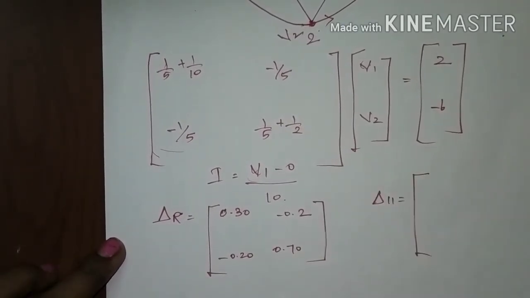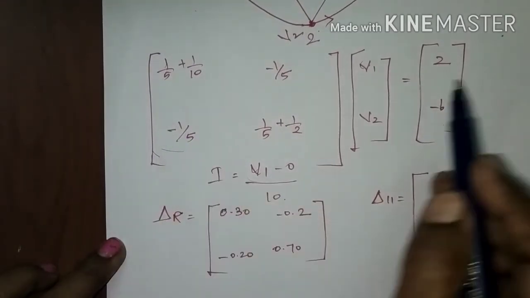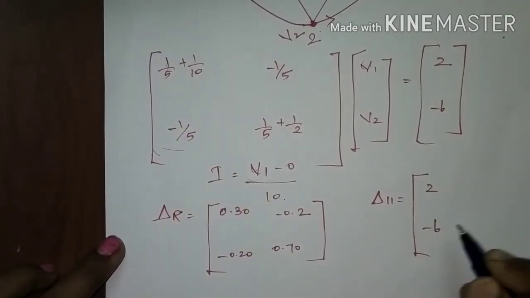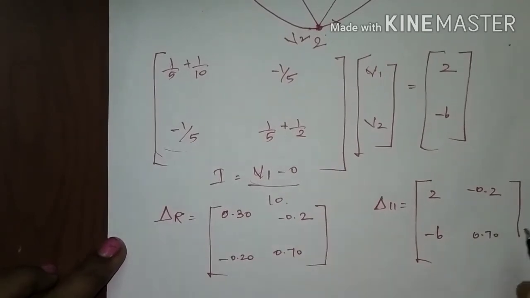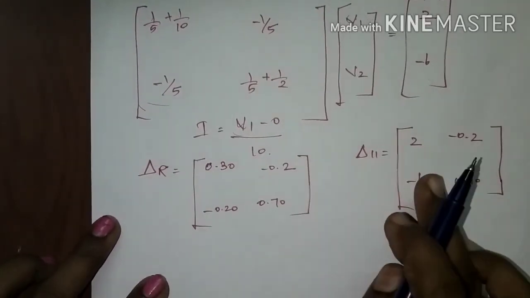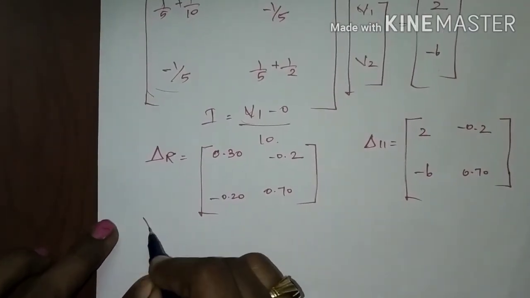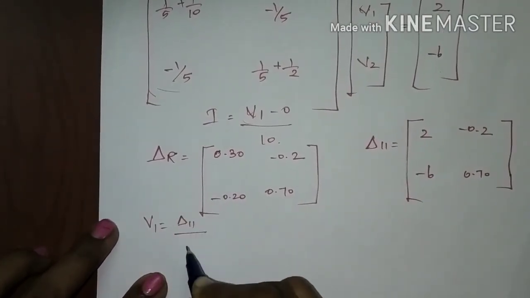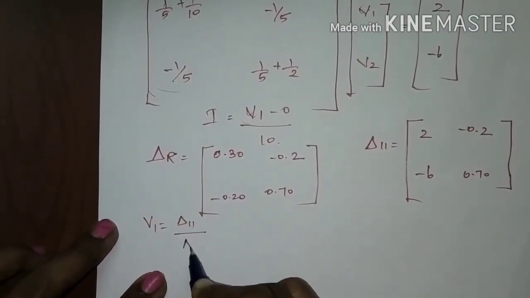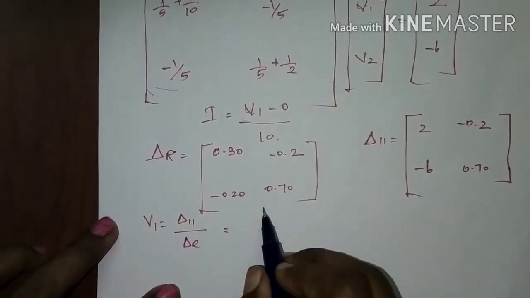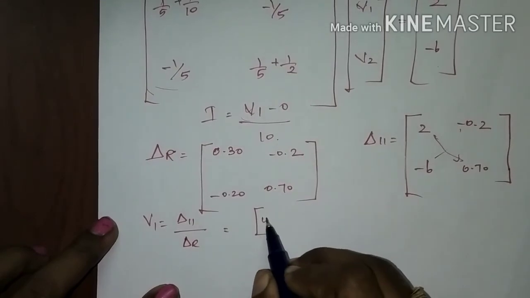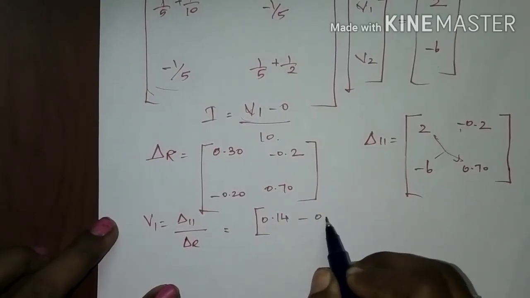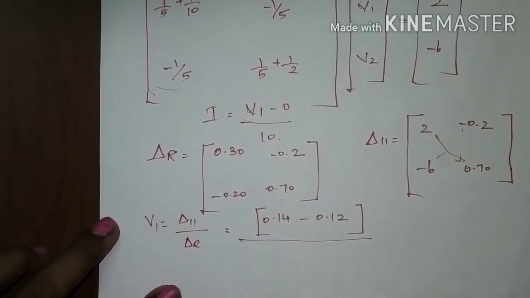Del 11 is obtained by replacing the first column with the current values, 2 and minus 6, giving 2, minus 6, minus 2 and 0.70. V1 is equal to del 11 divided by del R, right? Expand this, multiply, and minus.